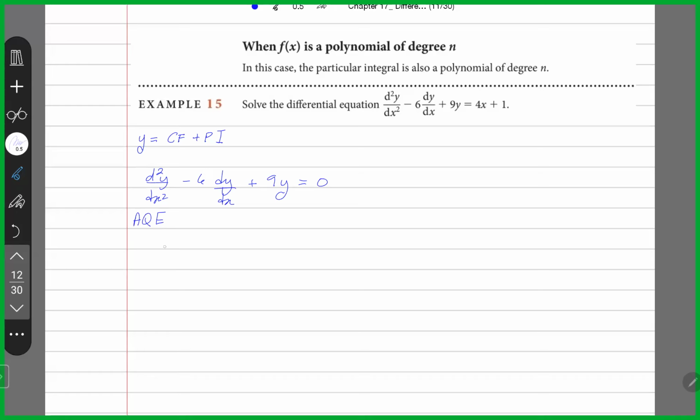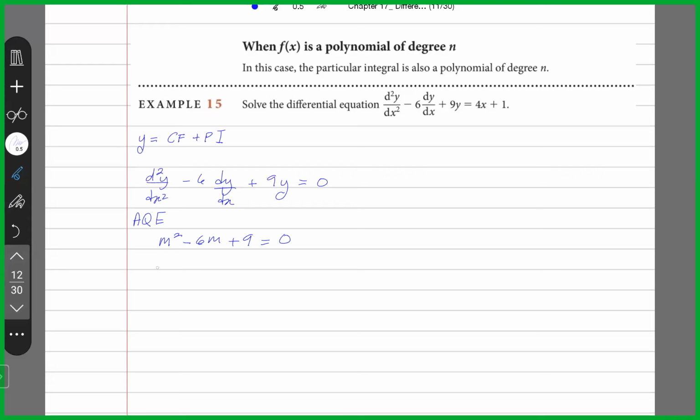It would be m squared minus 6m plus 9 is equal to 0. Now, where did I get my coefficients for the auxiliary quadratic equation? The coefficient of m squared is the coefficient of d2y by dx squared. The coefficient of dy by dx is the coefficient for m, and c is the coefficient of y.